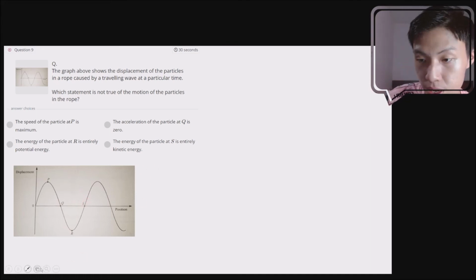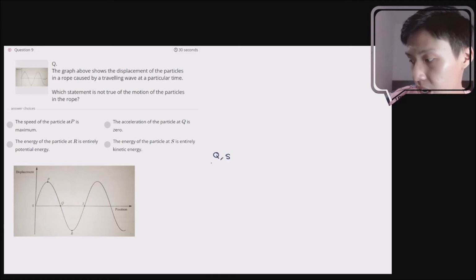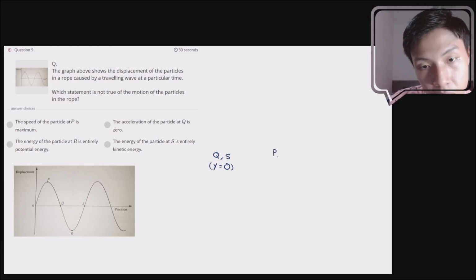So what we have here, let's write it down. For point Q and point S, these 2 points here are at y equals 0. Whereas for point P and point R, y is equal to plus minus amplitude.